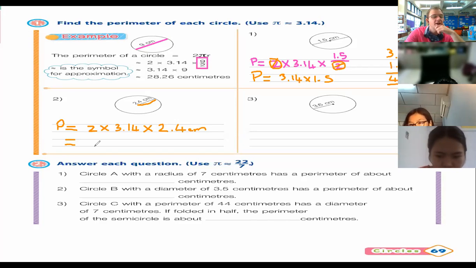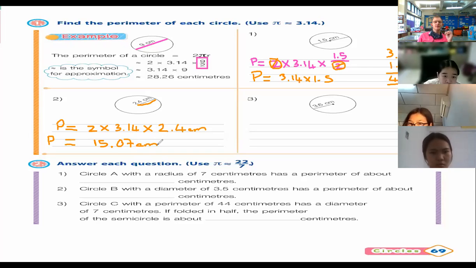You can tell me what is the final answer there? Do you guys agree with 15.07? What do you think? Is that correct? Yes or no?